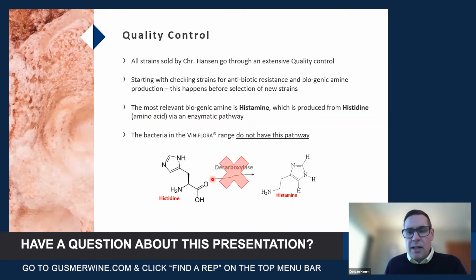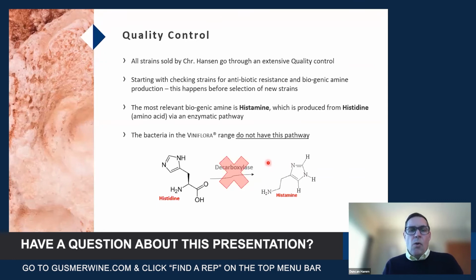All of the biogenic amines are produced by a decarboxylation pathway that some bacteria have. We've represented this at the bottom here, where we have a histidine molecule. It's an amino acid, so it's naturally present in juices, and if you have any bacteria present with a decarboxylase enzyme, they will then produce histamine.